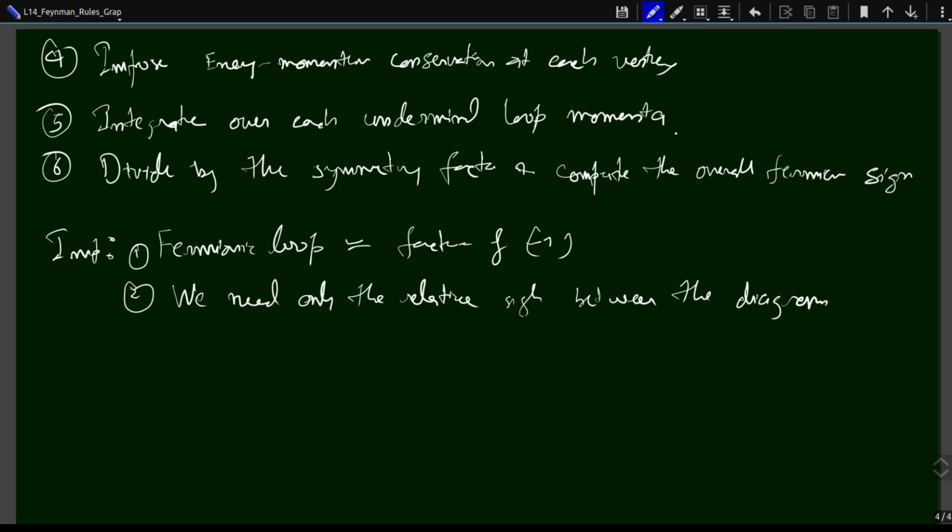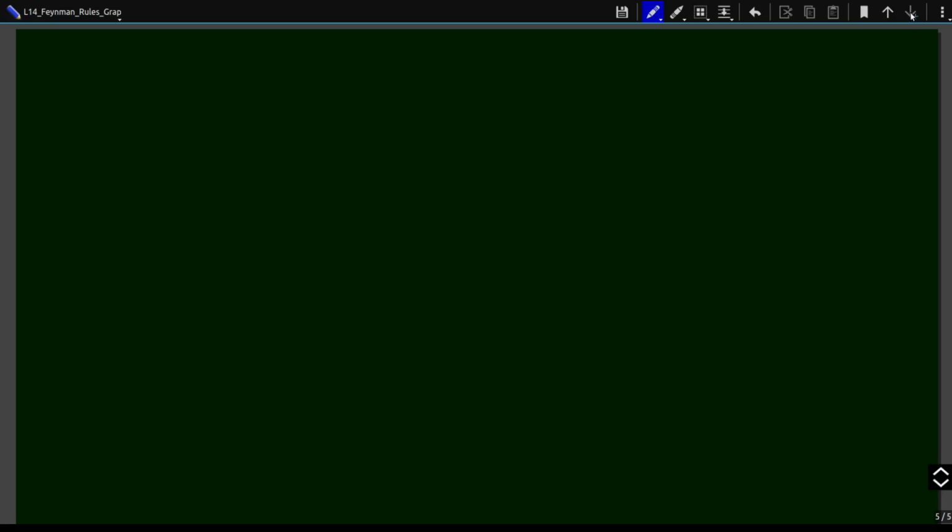We will discuss that in the language of graph theory. Till now we have been talking about fermions and scalars, but we are going to completely unhinge ourselves from all those notations and talk about graph theory, that is, how to draw a diagram. Okay, so let's begin.